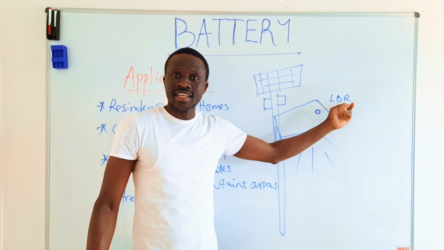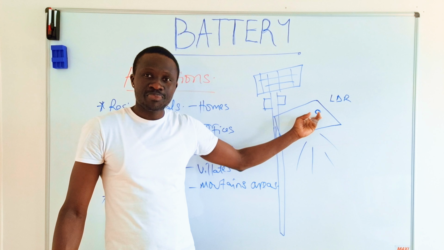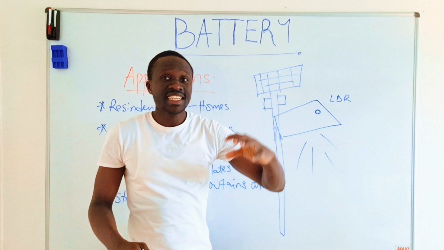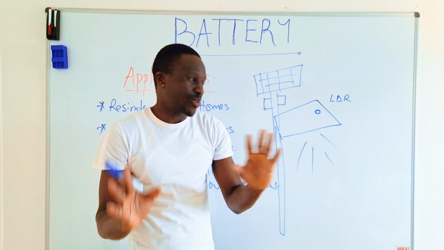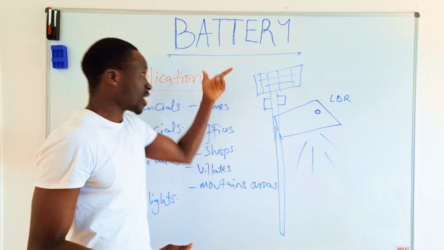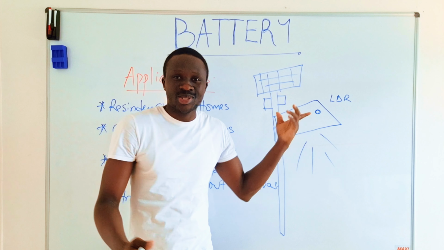a light dependent resistor. Now this sensor, when the sun comes, that's a brief on this security. Though we are talking about the batteries, I can't forget to give you a brief hint about the solar lights.